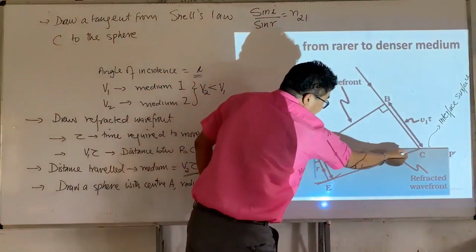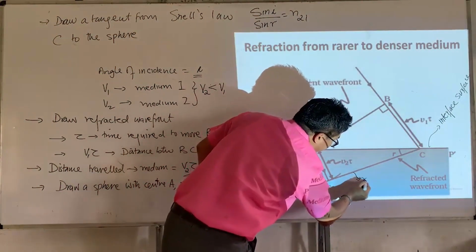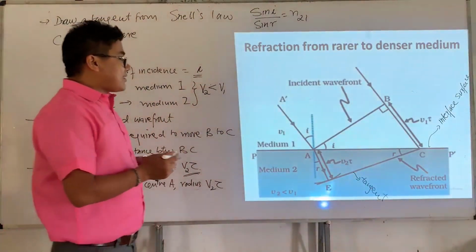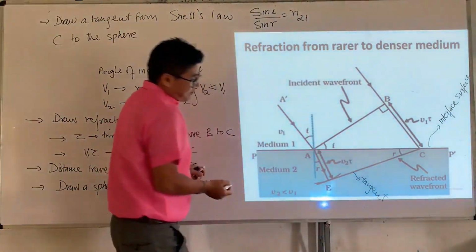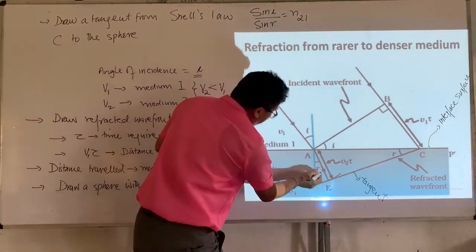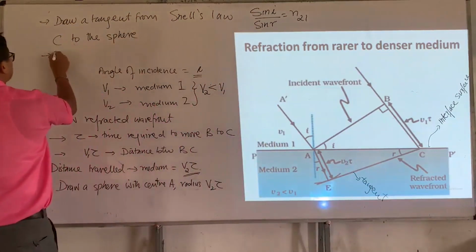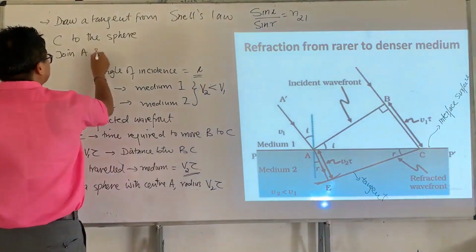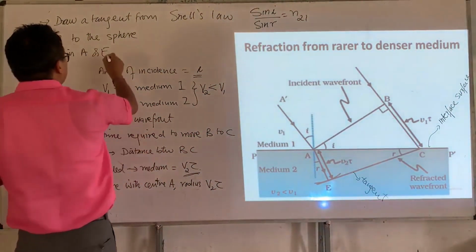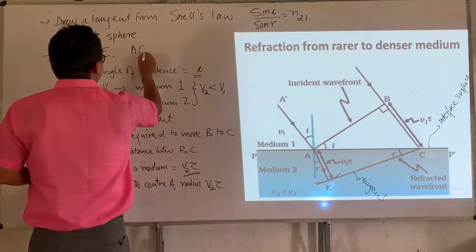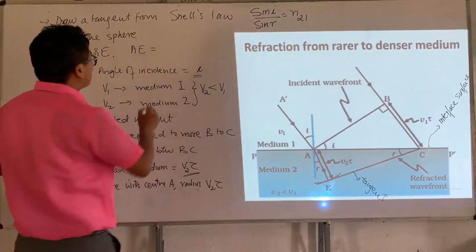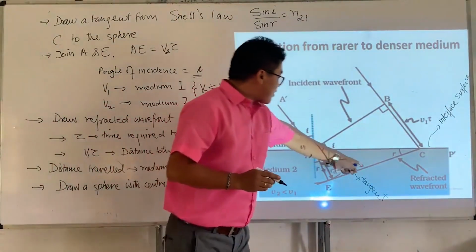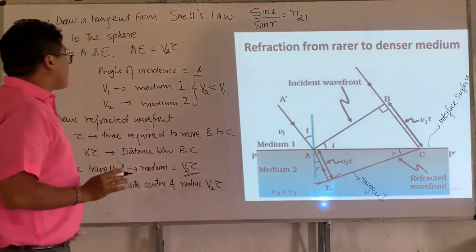Once I draw a tangent, this is the tangent, right? And then you join A and E. And then I say the distance between A and E is equal to V2 tau. And this is what we call the refracted wavefront.